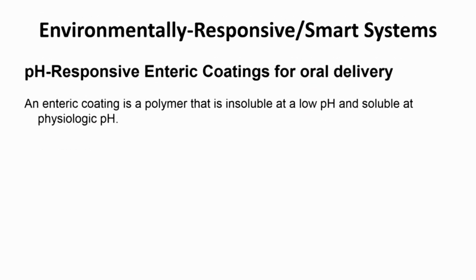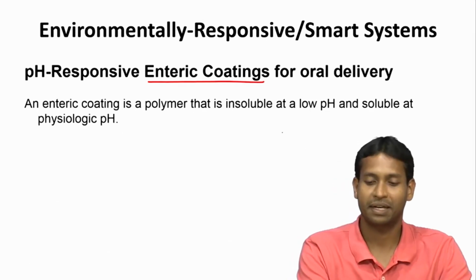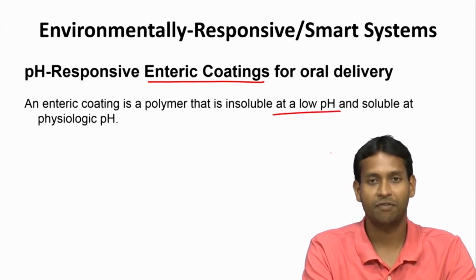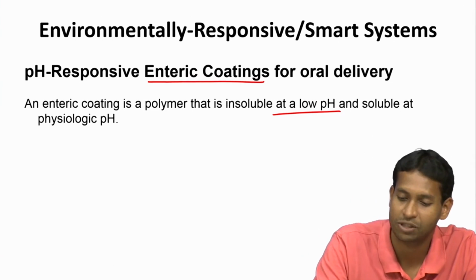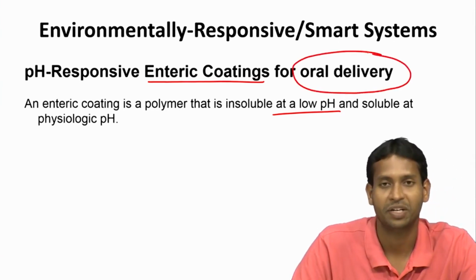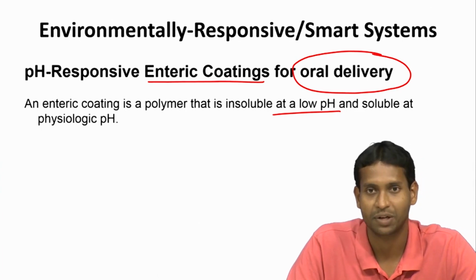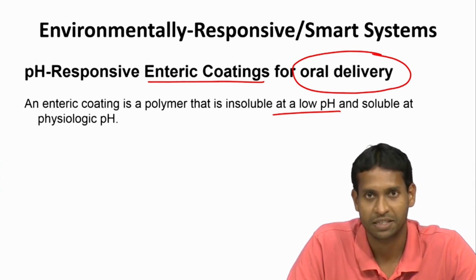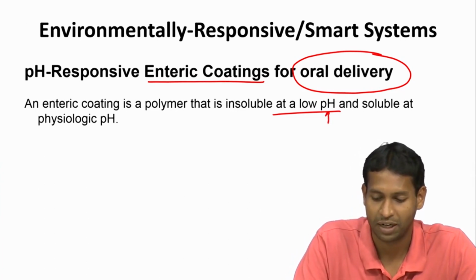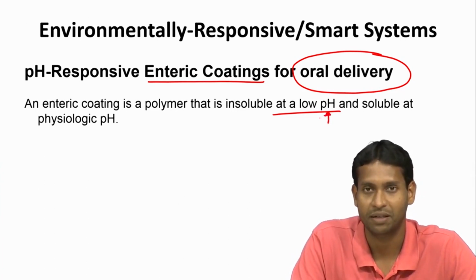So, as I said, enteric coating we have already discussed, so I am not going to spend too much time on it now, but these are coatings with a polymer that are insoluble at low pH, but become soluble at physiological pH. So, this is usually used for oral delivery. That is because when we take any tablet orally, it first goes to the stomach, which is a fairly harsh environment and low pH, and we want our drug to be protected in that environment.